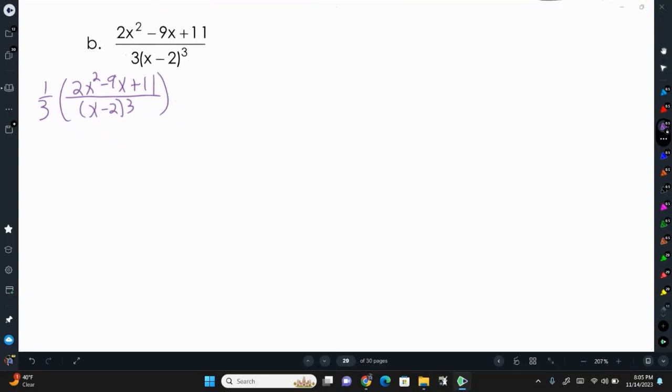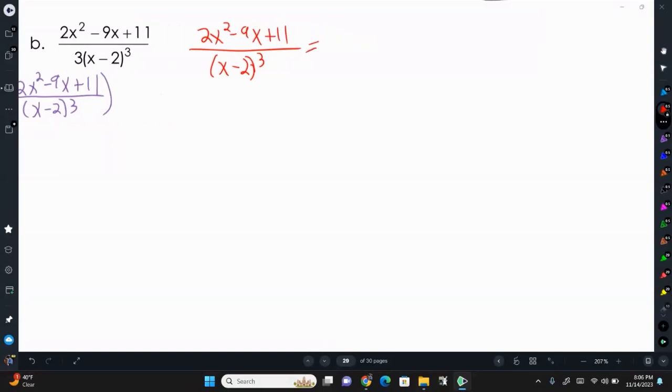Now, lucky for us, the denominator is already in factored form. So then it's going to be 2x squared minus 9x plus 11 over x minus 2 to the third equals, we have A over x minus 2.